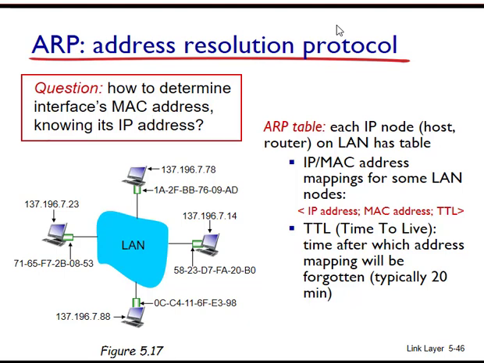To understand the need for a protocol such as ARP, consider the network diagram shown in this figure on your screen. In this simple example, each host and router has a single IP address and a single MAC address. As usual, IP addresses are shown in dotted decimal notation and MAC addresses are shown in hexadecimal notation.